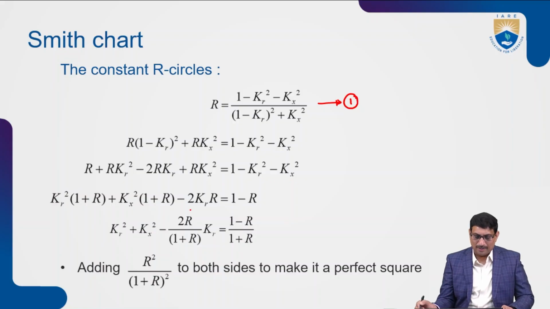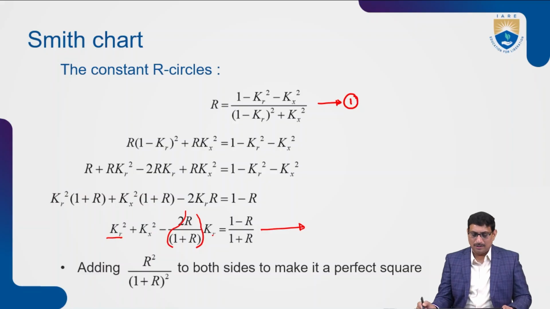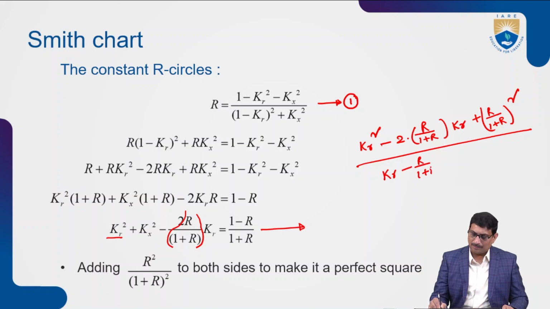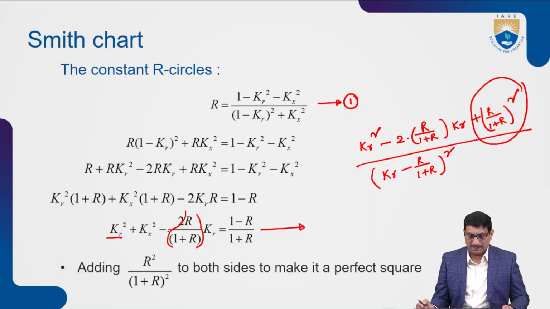Cross multiplying on both sides, we get an expression having k_r squared minus 2 times r divided by (1 + r) times k_r. The term missing to write it as a perfect square is [r divided by (1 + r)] squared. If I add it, this expression can be written as (k_r − r/(1 + r)) whole squared.